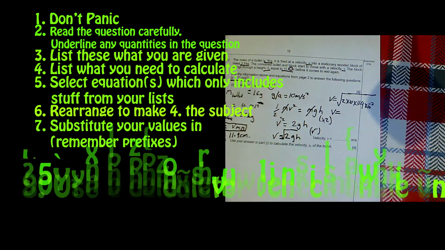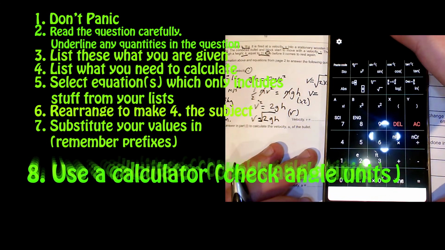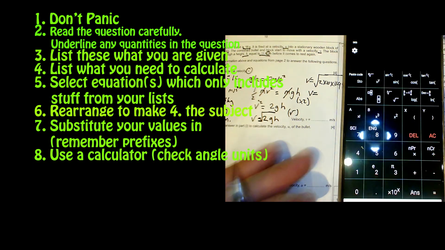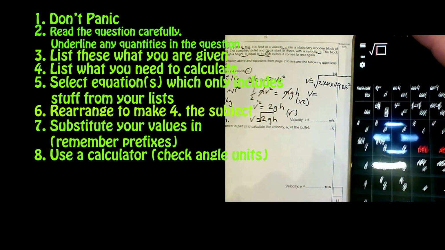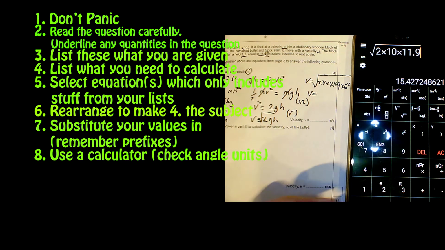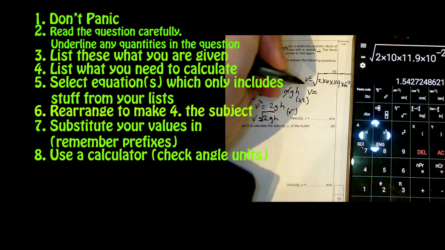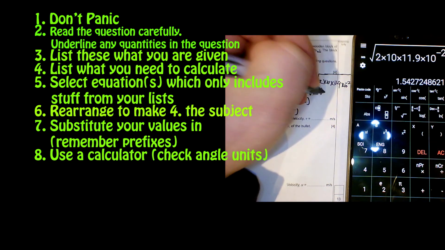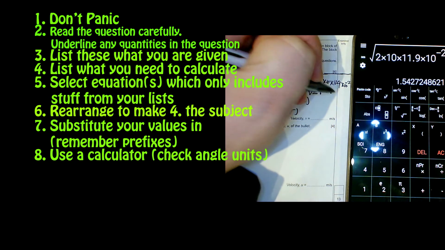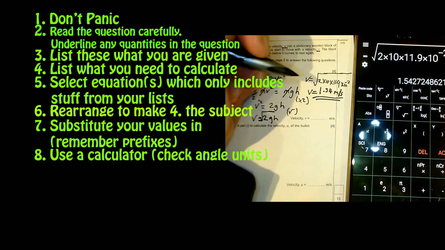Step 8 is use a calculator. Here is the calculator on my phone. 2 times 10 times 11.9 times 10 to the minus 2 gives me a v of 1.54 meters per second.